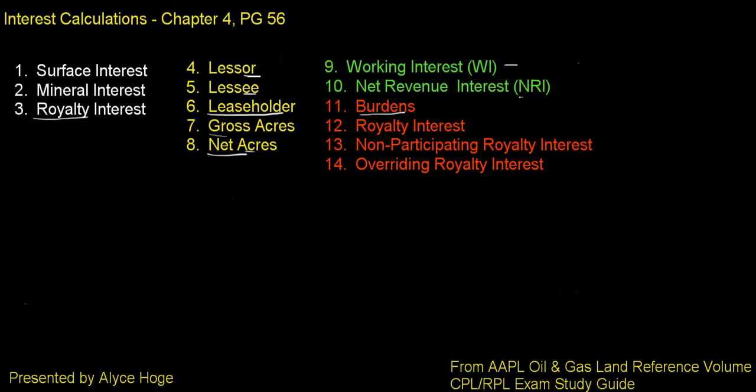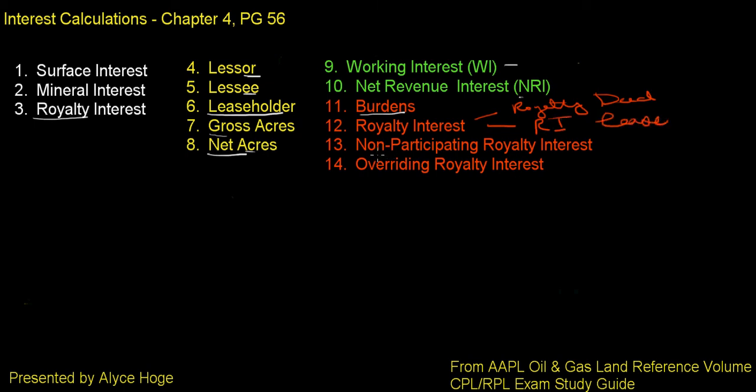So a royalty interest, as we said over here, can either be based on a royalty deed or the royalty interest in a lease. So it can be a transfer by a royalty deed, or it can be the royalty interest in the lease.